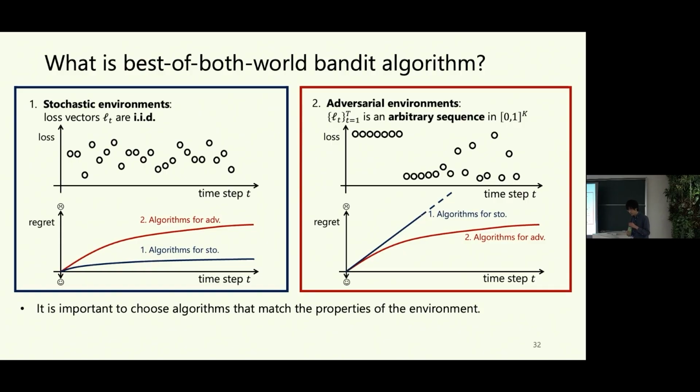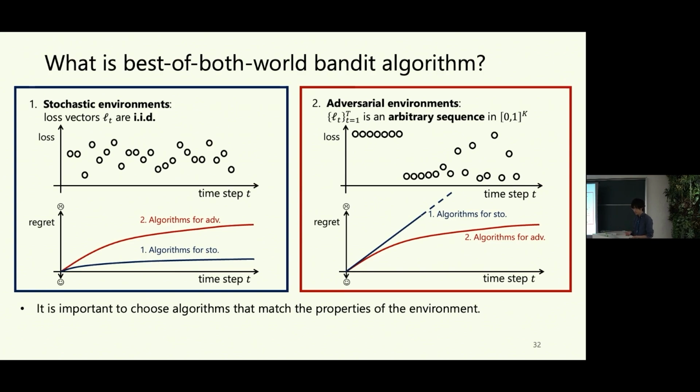In the context of online learning or bandit problems, there are two different settings regarding the environment that have been considered. One is the stochastic environment, in which the loss follows a fixed unknown distribution IID. And in the adversarial environment, there is no stochastic assumption, but the loss can be arbitrary sequences.